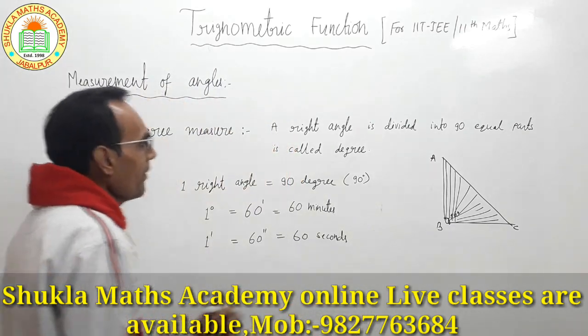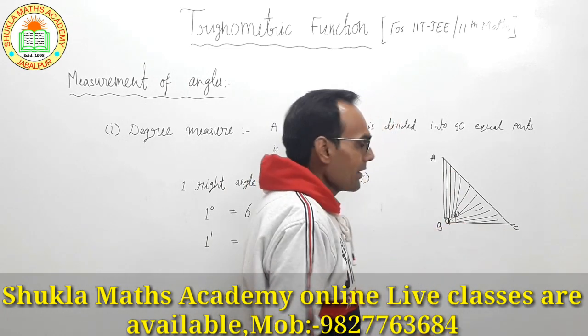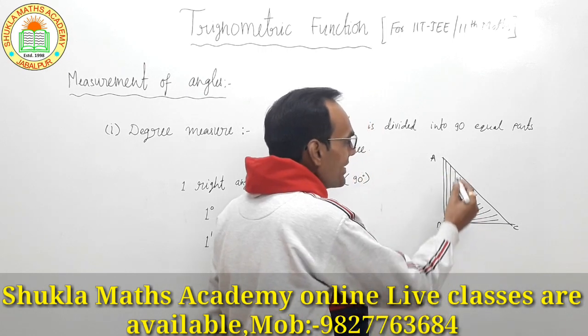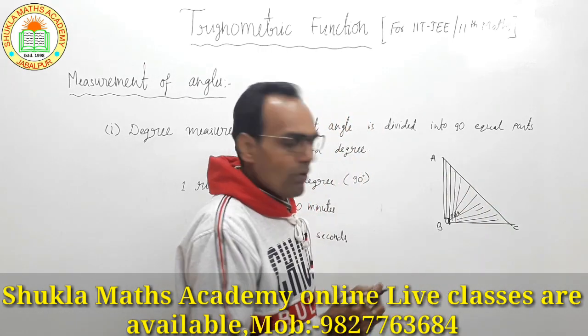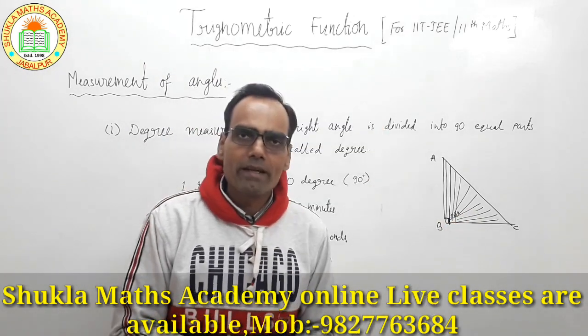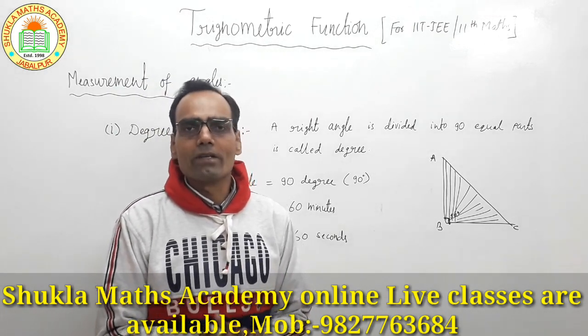Now see here, there is a triangle ABC, a 90-degree triangle, and if we divide this 90-degree angle into 90 equal parts, we get the value of one part as 1 degree. So we can say that 1 degree is the 1/90th part of a right angle.